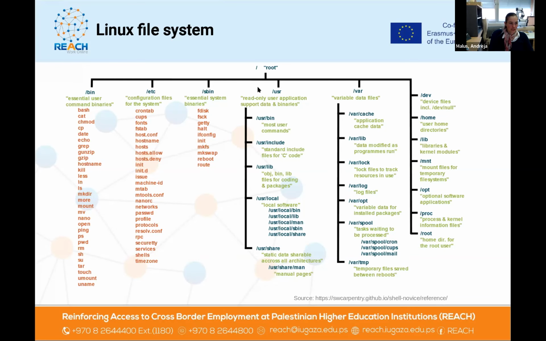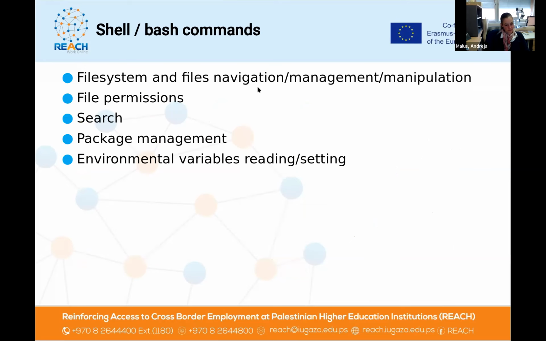This is also connected to the next topic: if you want to work with ROS, it's good to have at least a basic knowledge of shell commands, or bash commands if you're using the bash shell. At least the commands for file systems and file management and manipulation.